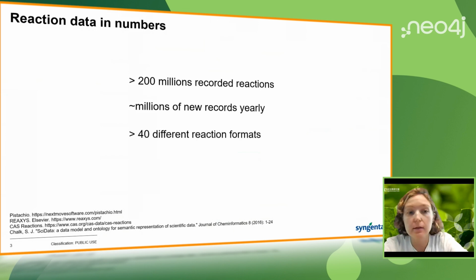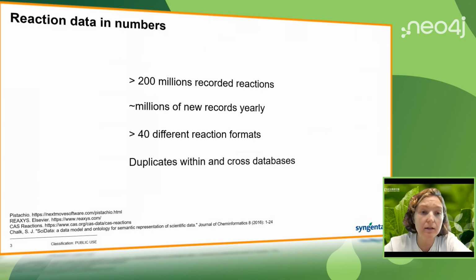And what about formats? There are more than 40 different formats in which reactions can be recorded. So you can imagine that it's quite hard to do a uniform search across all the data at the same time. And there are duplicates both across the databases and within them.